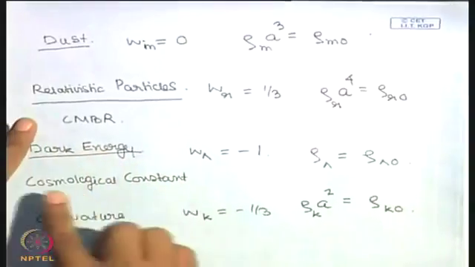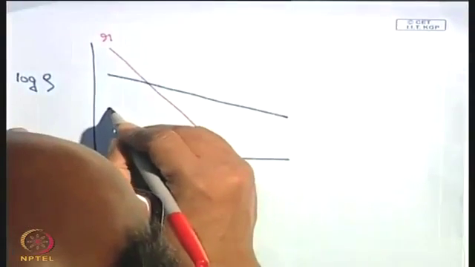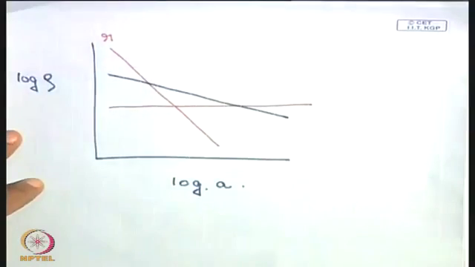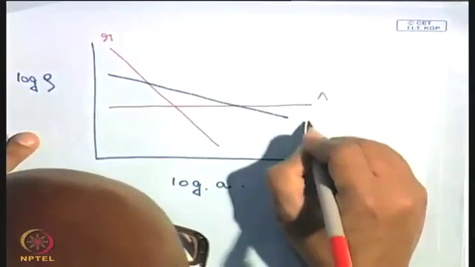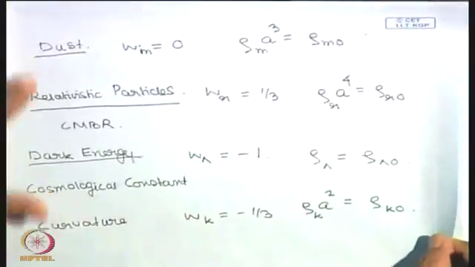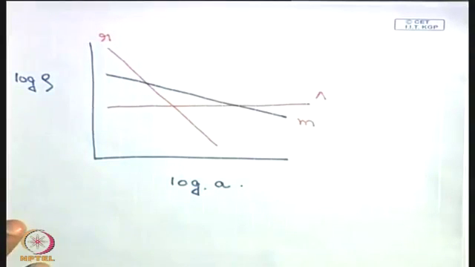Okay. And let us look at the cosmological constant. The cosmological constant will have a constant density, so that will be somewhere like this, lambda, this is matter. And if you have a combination of all 4 of these, the curvature will fall somewhere intermediate to the matter and the cosmological constant.